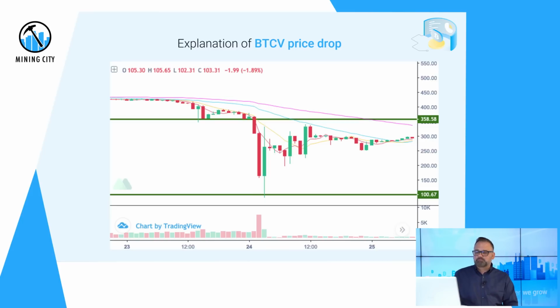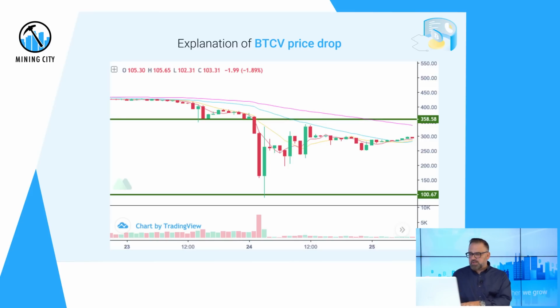Here, you can see a chart from the 23rd of August with 1 hour candlesticks. The price was getting closer and touching the support level at $360 from about 1400 hours to the end of the 23rd of August. But at midnight, it broke the support level and the price went down significantly.